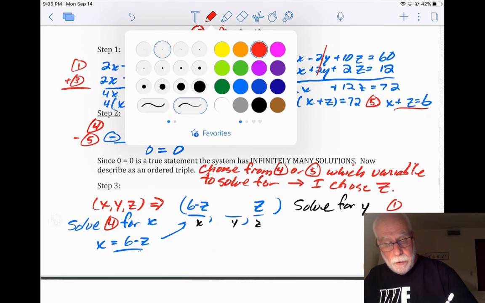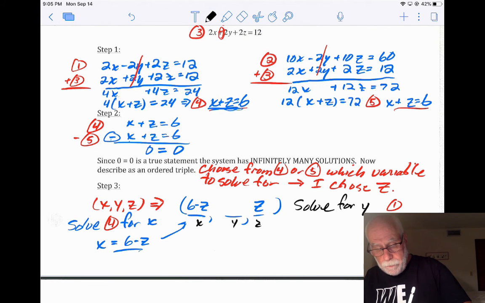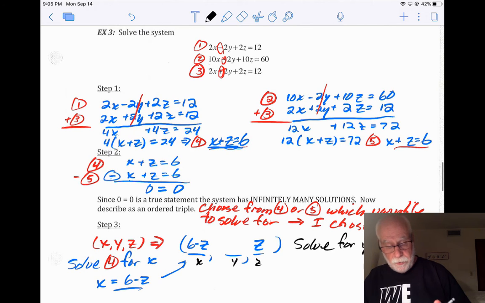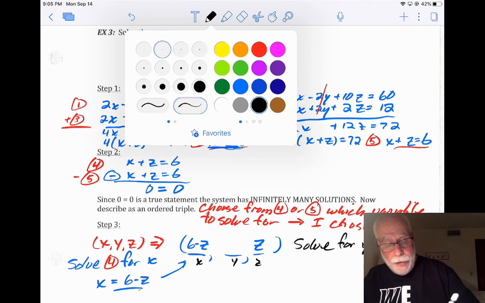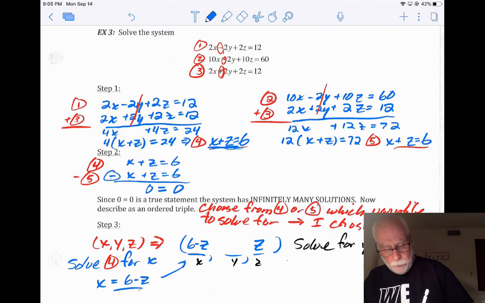So in 1, I guess I should write it right. Okay. So again, I'm looking at the first one there. I have 2, right? And then my x now is 6 minus z. I don't know what my y is yet. And then I have plus 2z. And that's going to equal 12.